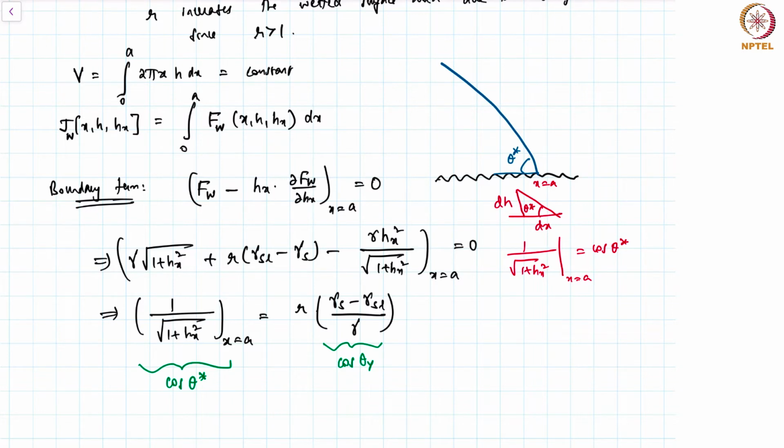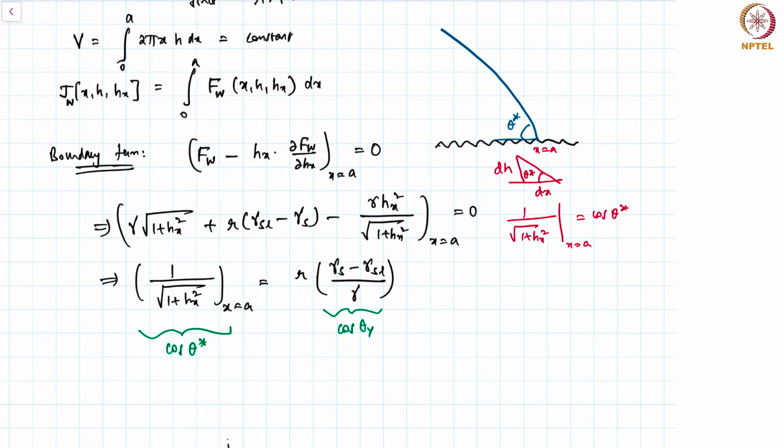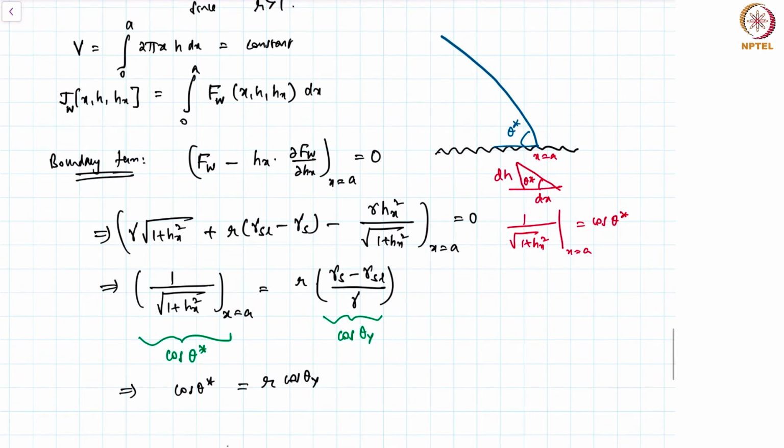Okay, and therefore what I now have is cosine of theta star is r times cosine of theta y. This is the Wenzel model.